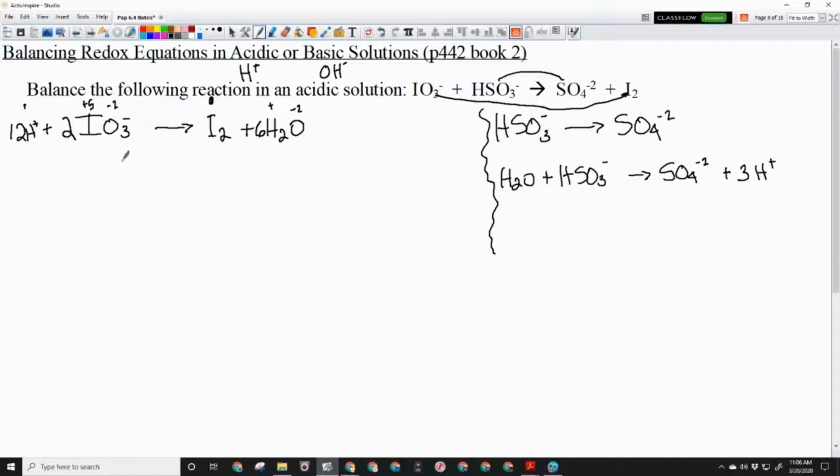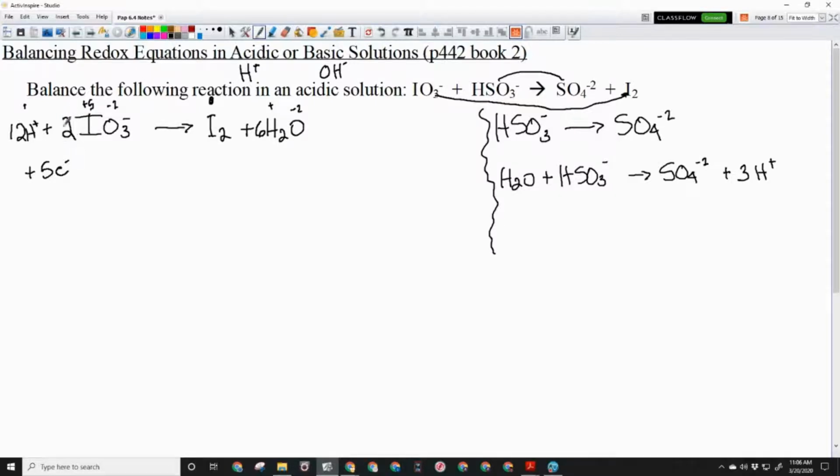We're going to have to add electrons. So which side? Well, if this is a +5 and this is a 0, we need to add negative charges to the reactant side. So +5 to 0, we need to add 5 electrons to this side. Okay, but how many iodine do we have?